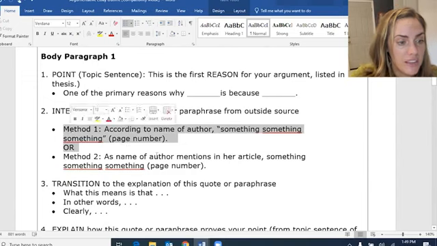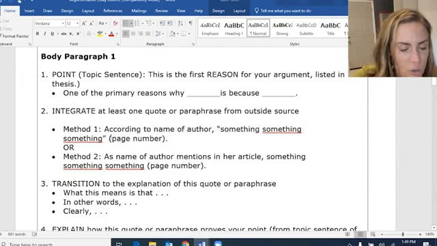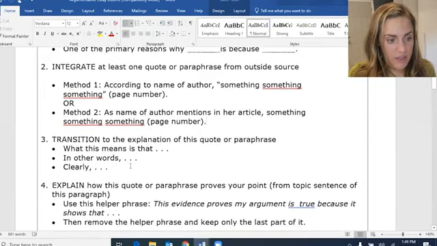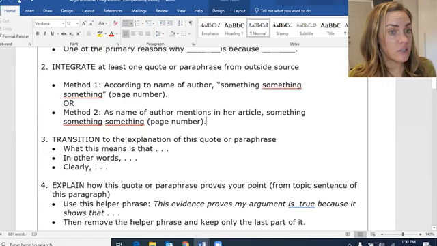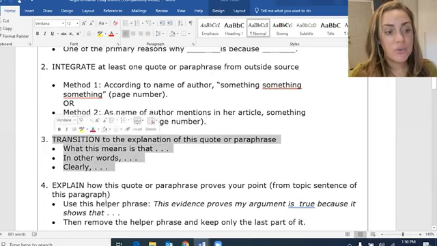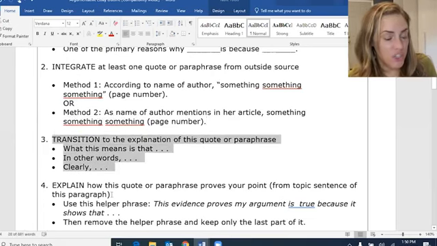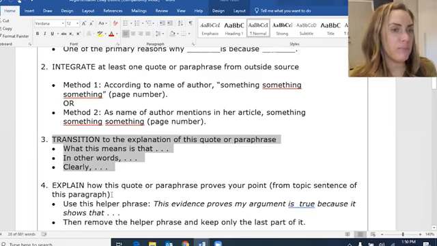And then you can use any of these methods. There's so many different methods. I give my students 2 different ways. And then you give that quote or paraphrase or summary, and then you need to transition to an explanation of what it means.